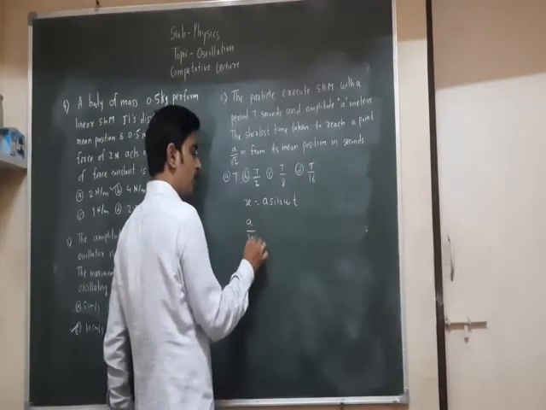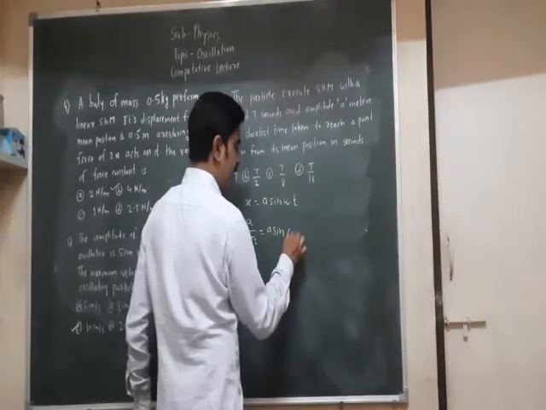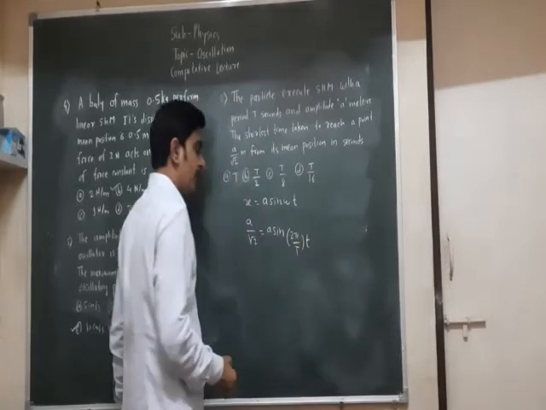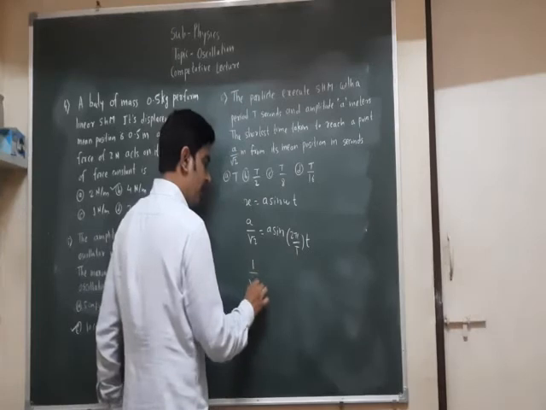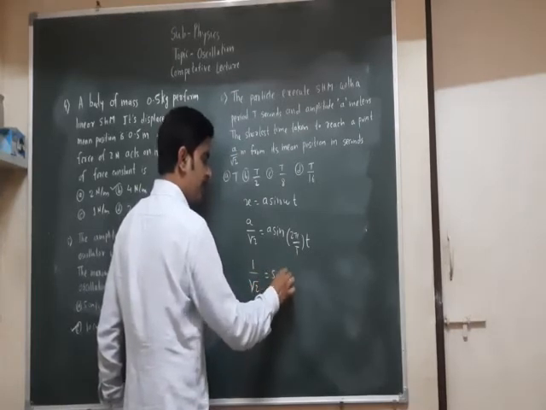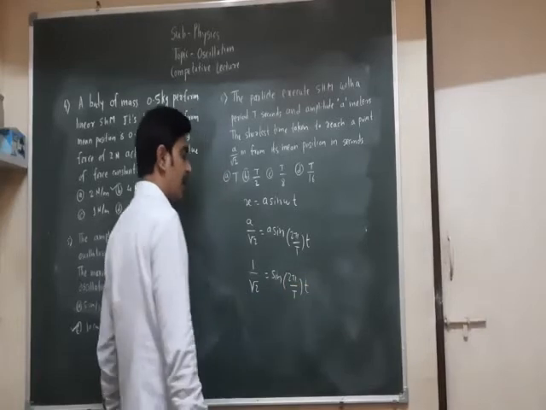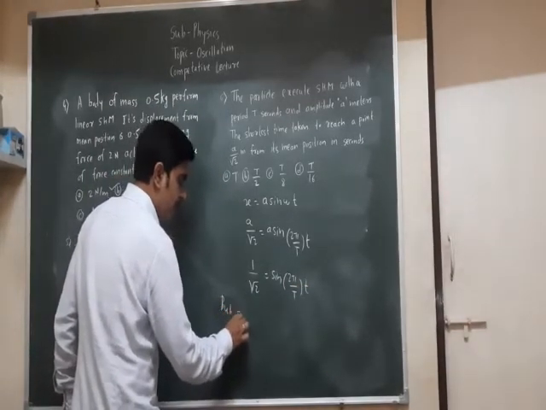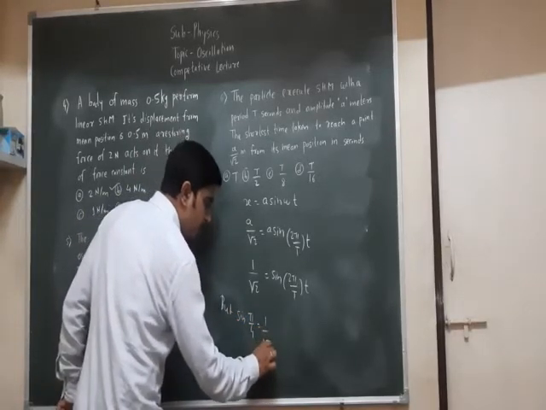So a upon root 2 is equal to a sine, in the place of omega I can enter 2 pi upon T into small t. Now a will get cancelled there. So 1 upon root 2 is equal to sine 2 pi upon T into t. But sine pi by 4 is equal to 1 upon root 2.